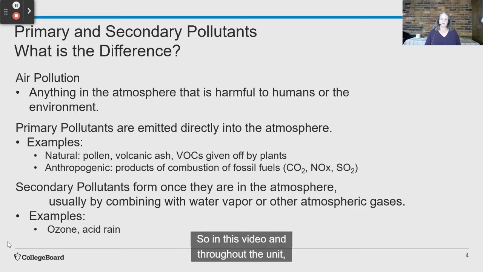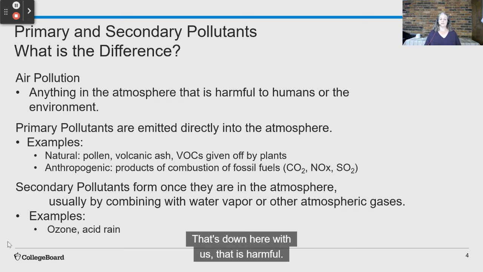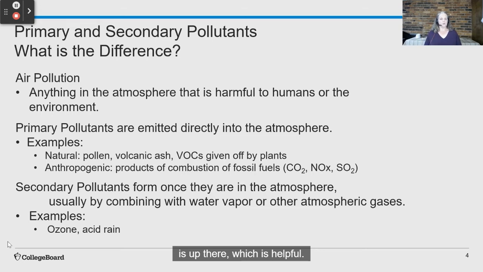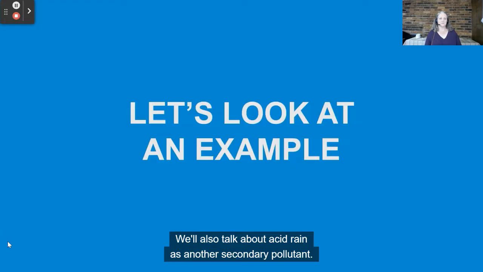So in this video and throughout the unit, you're going to be seeing some examples of primary and secondary pollutants. Some examples are tropospheric ozone. That's the ground level ozone that's down here with us. That is harmful, different than stratospheric ozone, which is up there, which is helpful. We'll also talk about acid rain as another secondary pollutant.